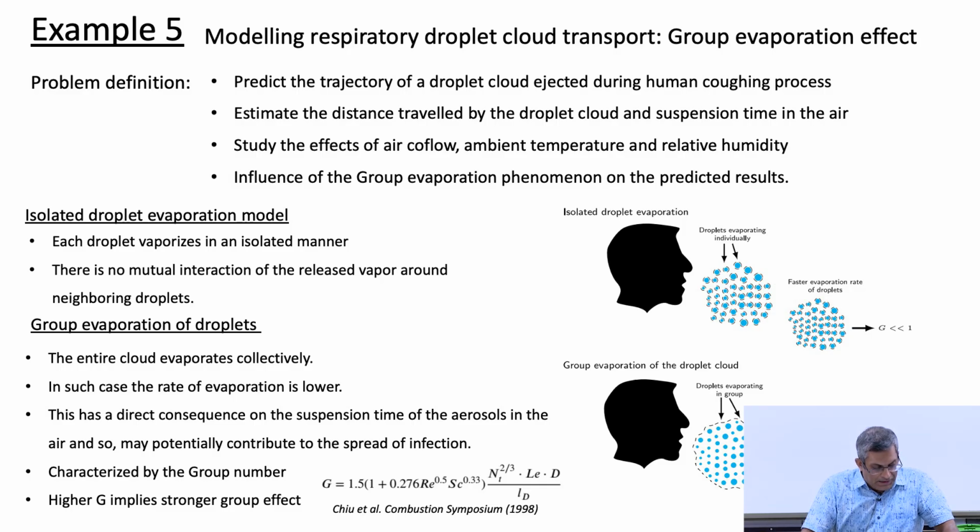And this is characterized by a number called the group number. Interestingly, this group number came from a group of researchers who worked on combustion of fuel droplets. What they argued is that in a combustion chamber, rarely would a droplet burn with a flame around it. That's not usually possible.